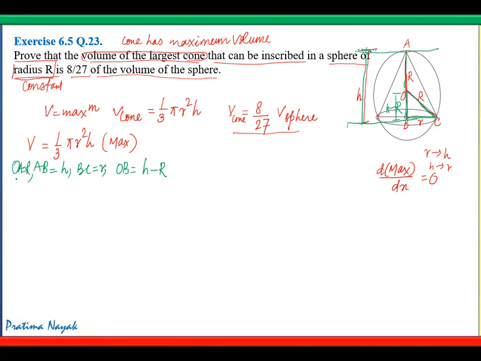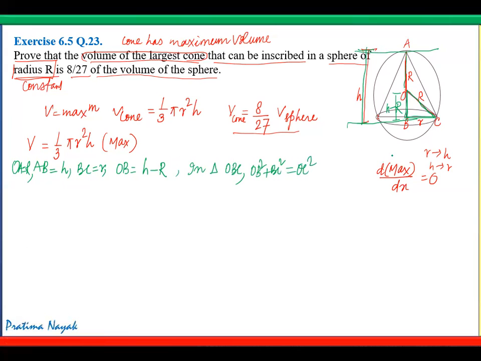So in triangle OBC, I can write OB square plus BC square is equal to OC square.